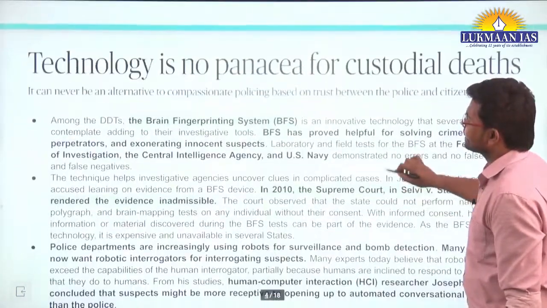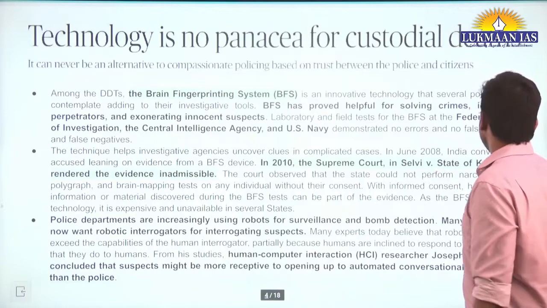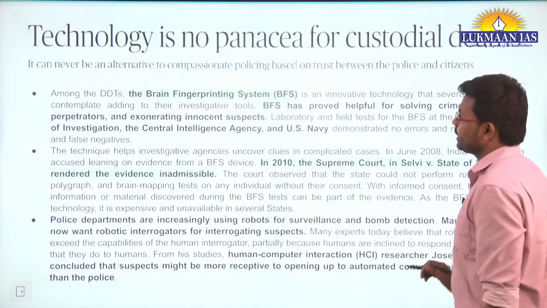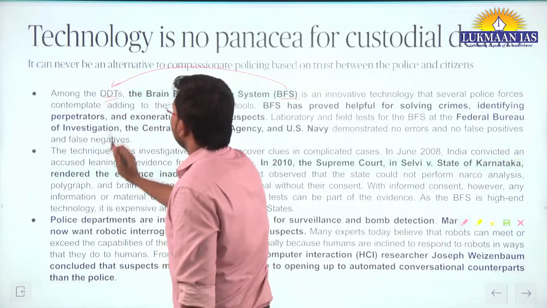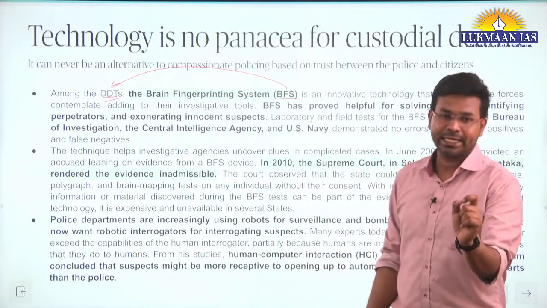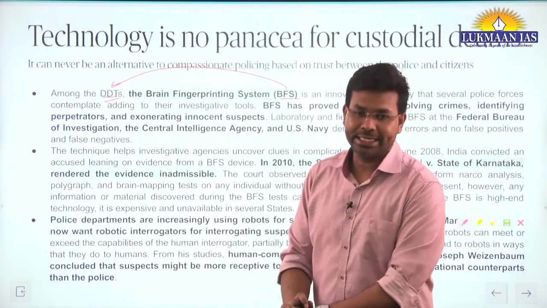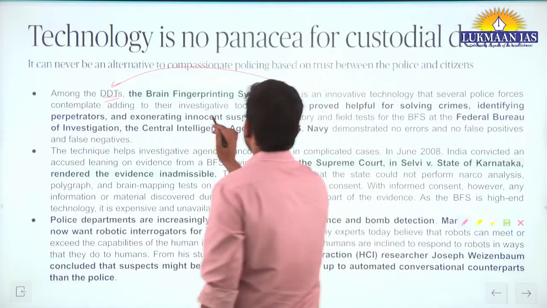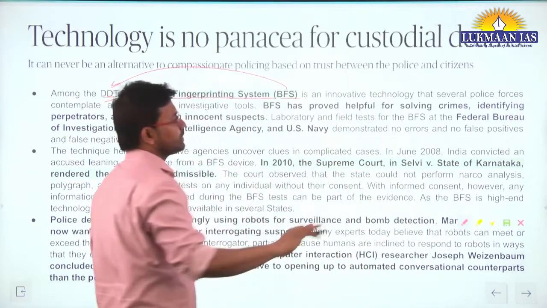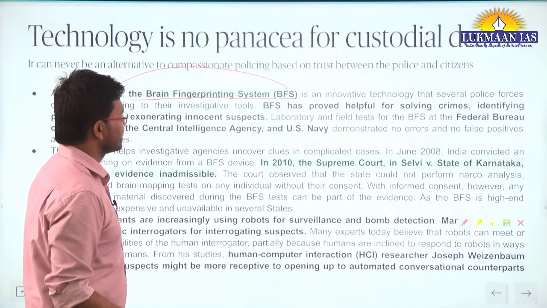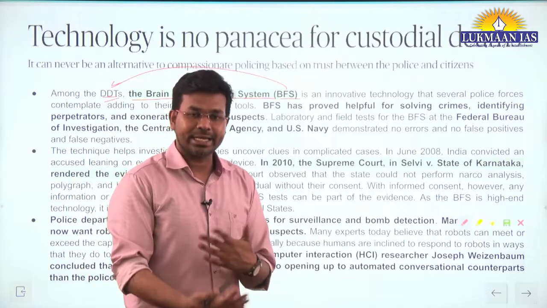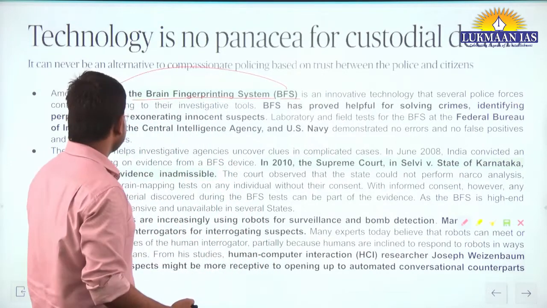But apart from this, there is the brain fingerprinting system, in short known as BFS. BFS is also one of the deception detection techniques, the DDTs. The brain fingerprinting system can be beneficial for police personnel in extracting information from suspects.